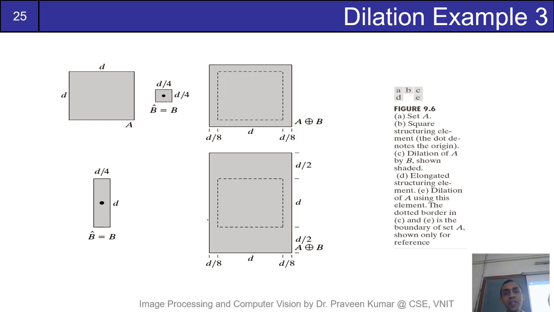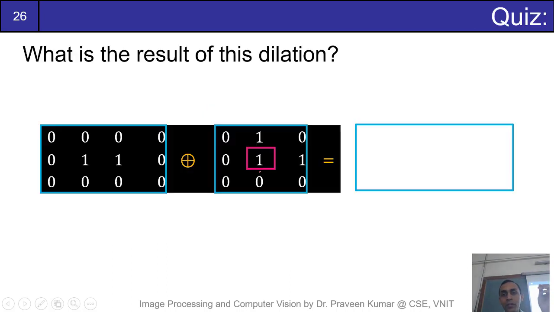Just analogous to the previous example, if you are using a structuring element like this, it is going to add d by 8 from each direction, and here it is going to expand it.